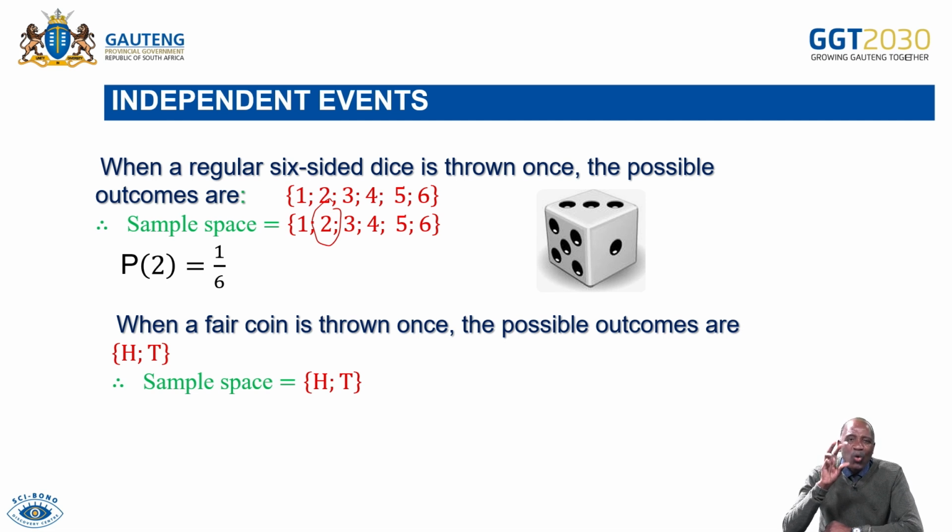So when you toss it alone, there are 2 possible outcomes. The outcomes could be heads or tails and no other outcome, unless that coin is biased, or it rests on its edge. You won't know the outcome. Then it means you'll have to redo the experiment.